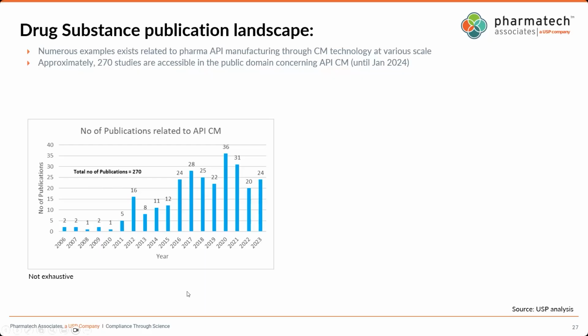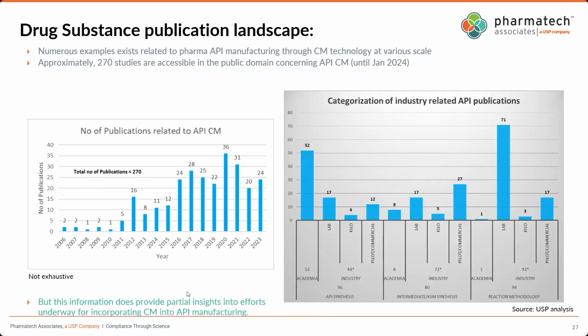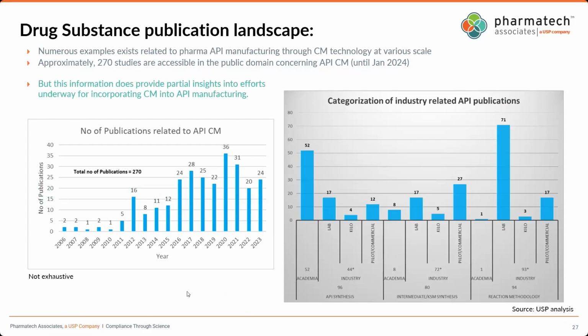So, Richard, if you can click on the next, you can see that there are approximately 96 publications that talk about API synthesis alone. In these publications, people have actually published how a particular API can be synthesized using continuous technology. However, if you look at the commercial and pilot numbers, they are very low. So that's where a question comes in.